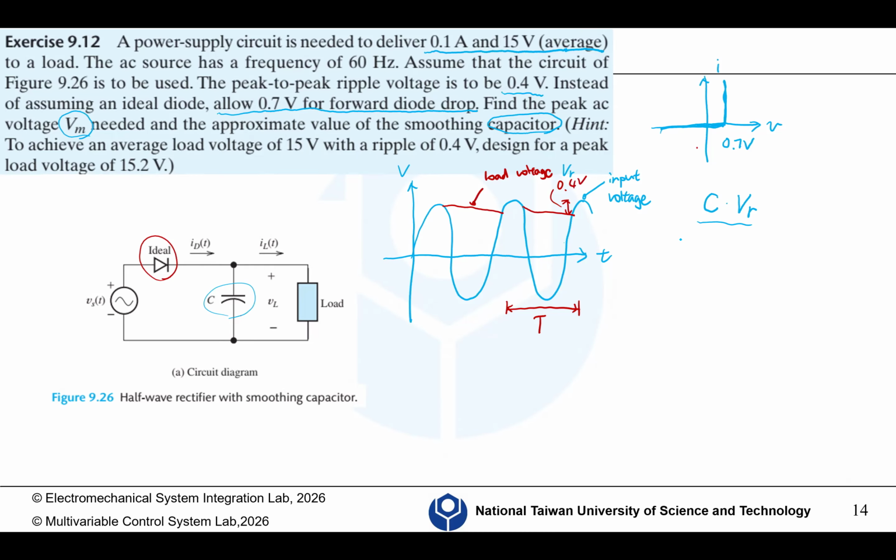The charge preserved equals the charge delivered. So it will be current times the time interval within a cycle. So this is the charge delivered, current times time.